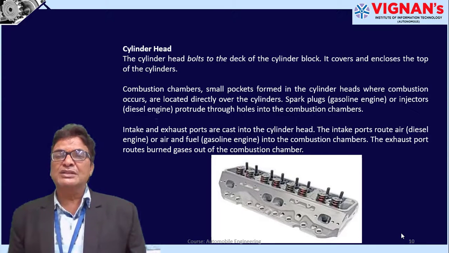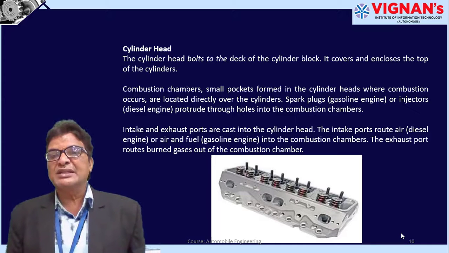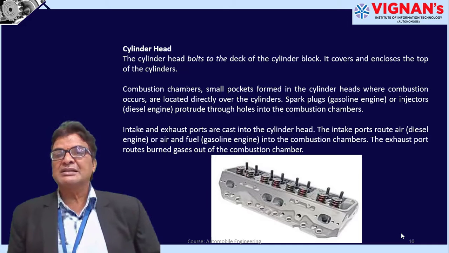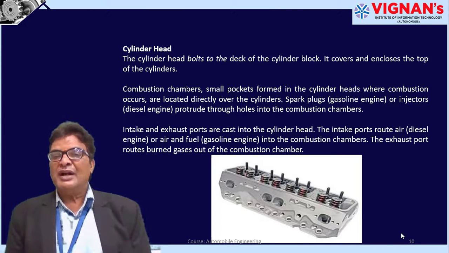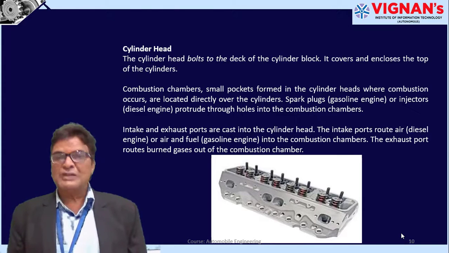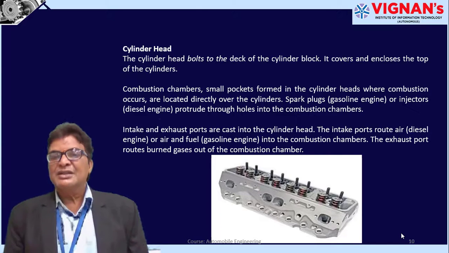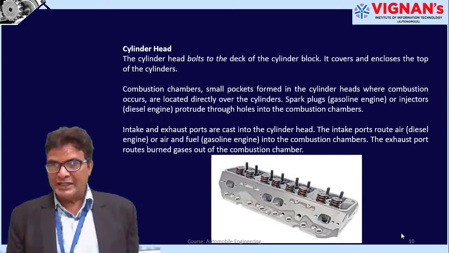The cylinder head holds three holes for each cylinder. Here you are seeing a four cylinder engine, that's why we see about 8 ports and 8 bolts. The 8 ports facilitate the inlet port and exhaust port for the four cylinders.